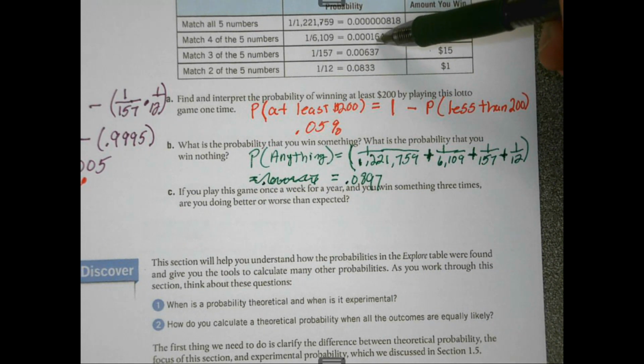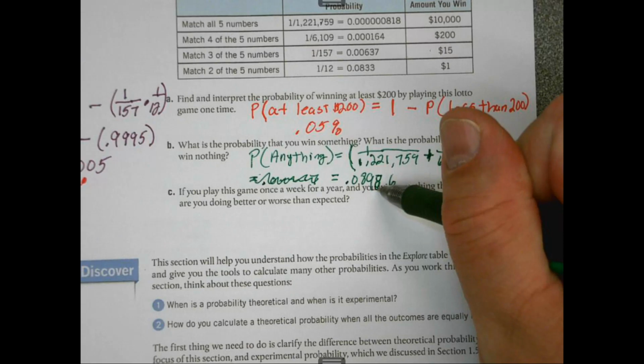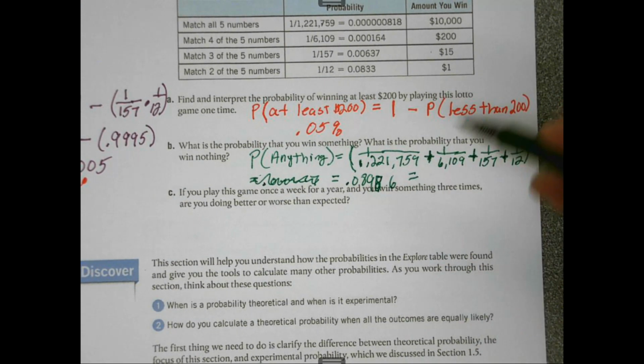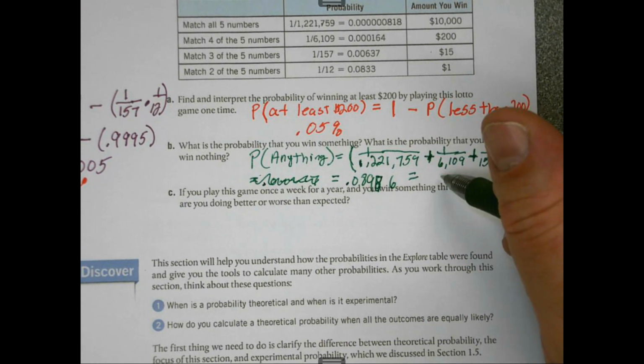To put this as a percentage, I'm going to say roughly somewhere around 9% to win something. Again, that sounds much better than this very small number.